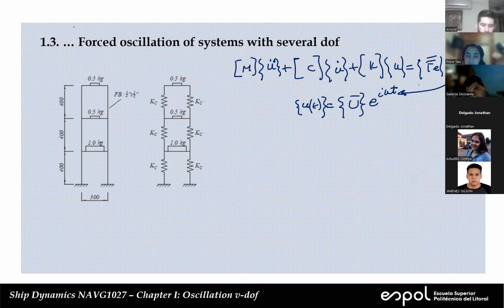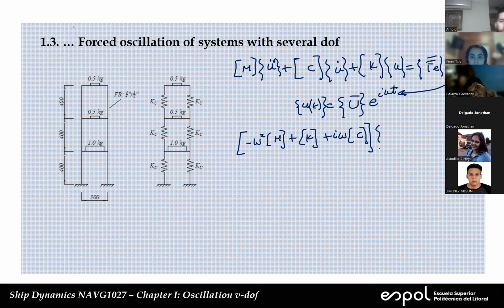We can cancel e to the i omega t when we replace, and we can say that the matrix D, now it's a little bit more complex, times the vector U is equal to the vector of equivalent forces.